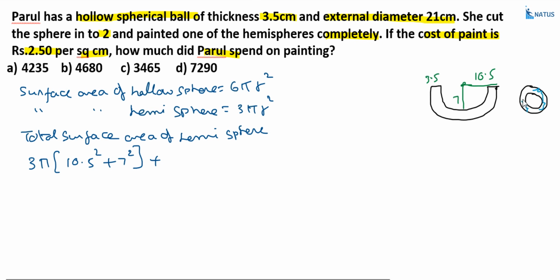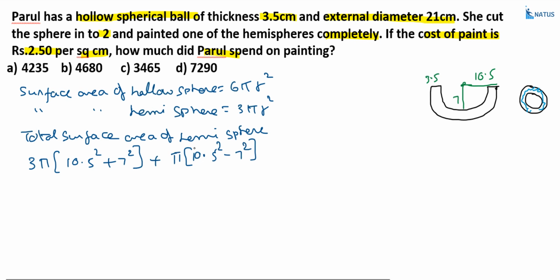That is equal to outer circle minus inner circle area. The outer circle is pi bigger square, the inner circle is pi smaller square. The radius of the outer circle is 10.5, the radius of the inner circle is 7. So this is equal to pi into r square, that is 10.5 square minus 7 square.